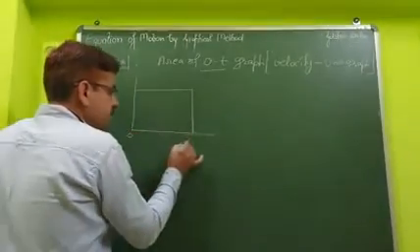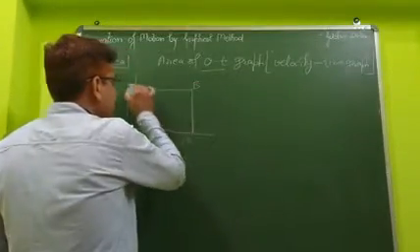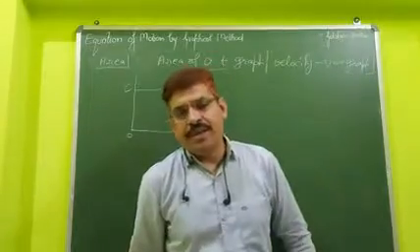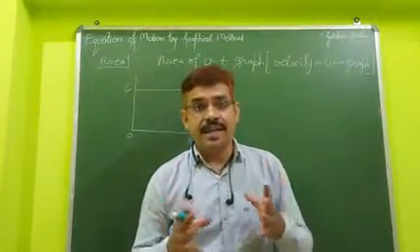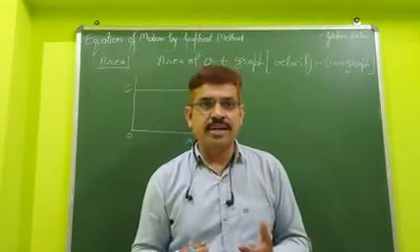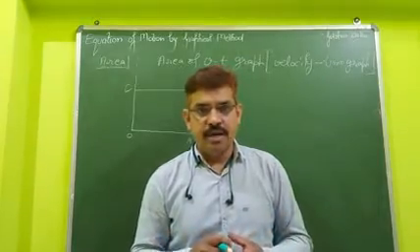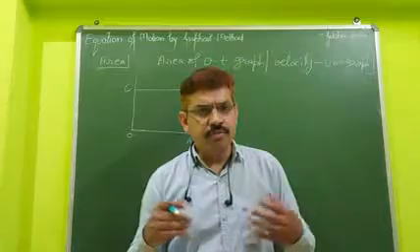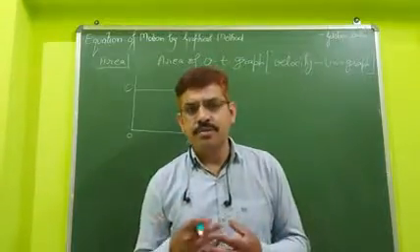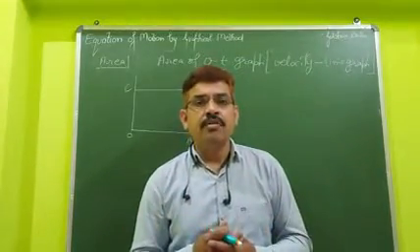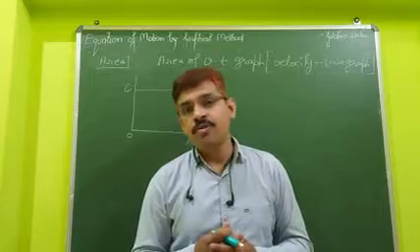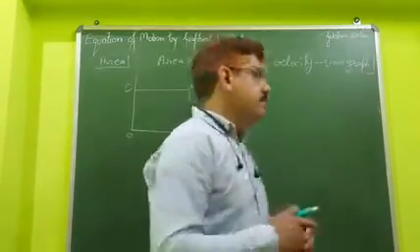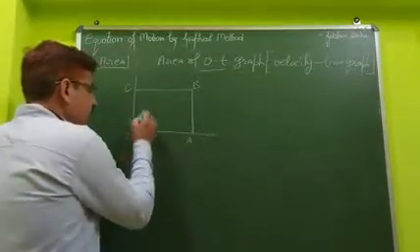This is O, this is A, this is V, this is T. We have to always take such a type of area that we know, for example area of a square, rectangle, triangle, just like that. We use these because we are very familiar with these terms. So the area we have to take is this area.